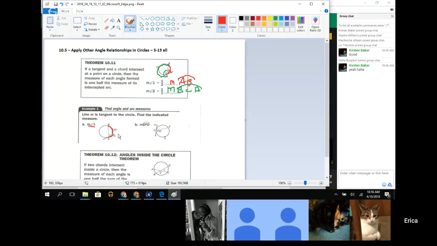Is it 132 degrees times 2, or is it a half of 132 degrees? You can put it in the chat if you want. I'm assuming you guys are all chatting. It's just half. There you go, Sophia. Thank you. So it's half of that, right? So the measure of angle 1 is half of 132 degrees, which happens to be 66 degrees.